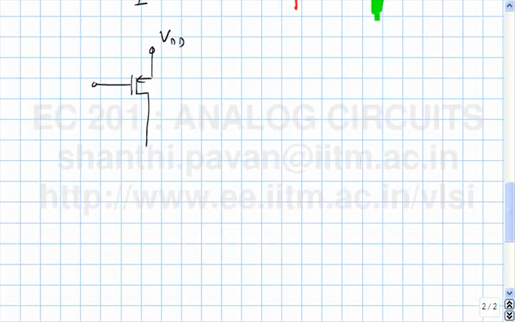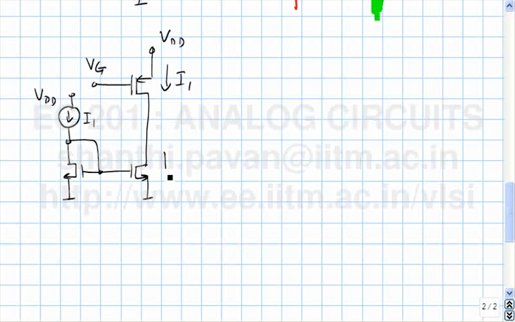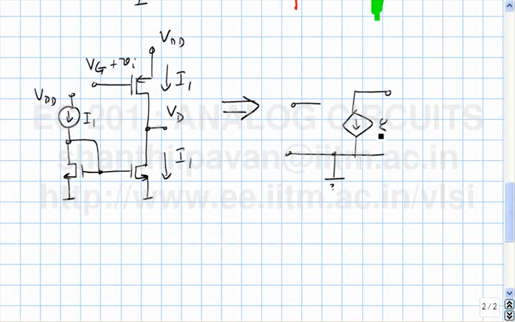Active load case. If I assume that both the transistors were in saturation and lambdas were 0, Vg is chosen such that this is equal to I1 and this is also equal to I1. So, the incremental equivalent of the PMOS transistor will simply be some Gm times Vi.